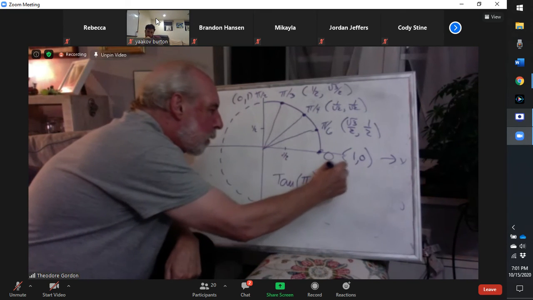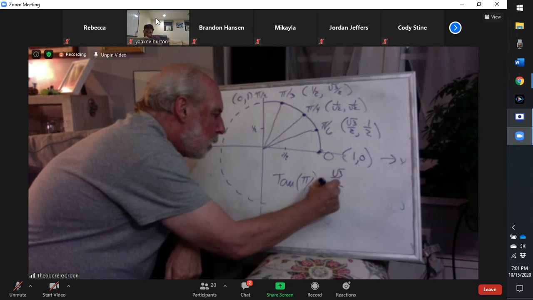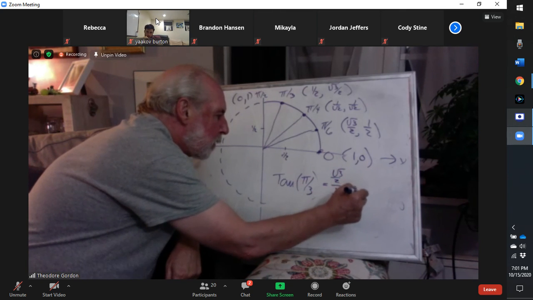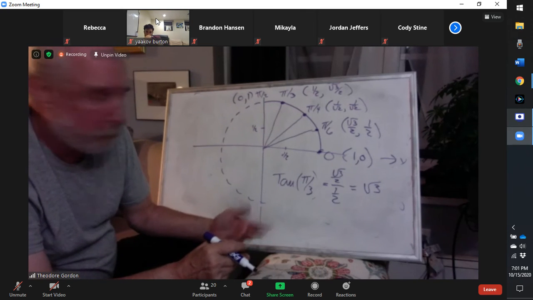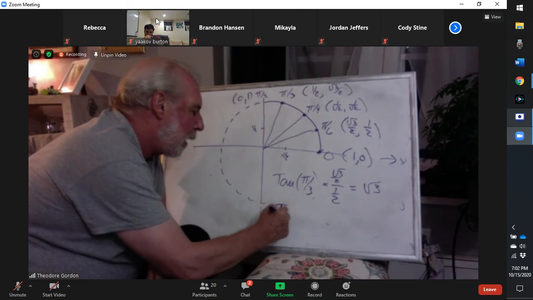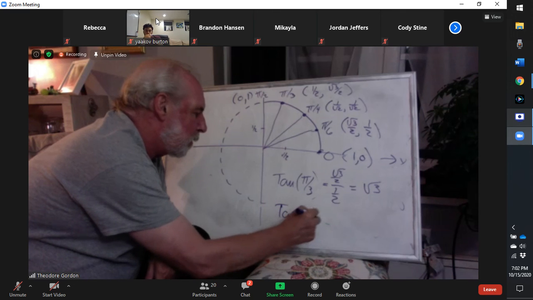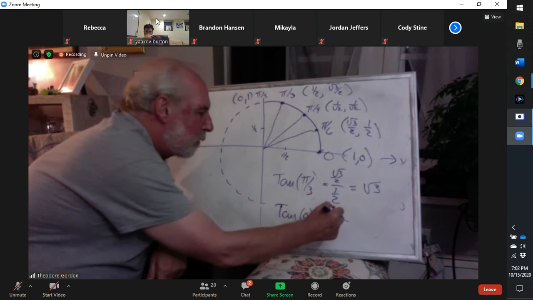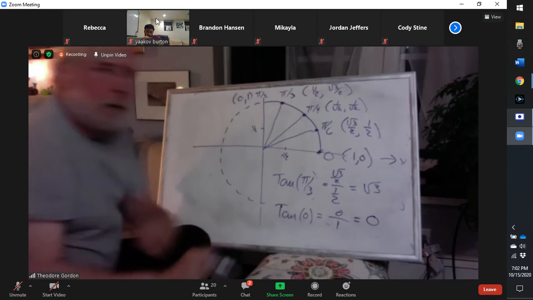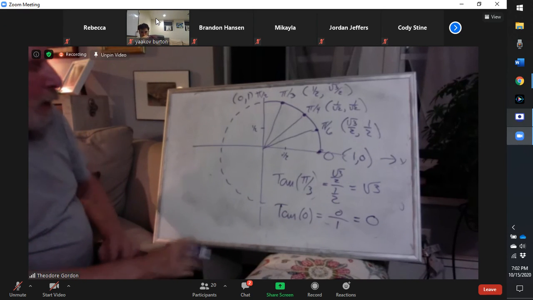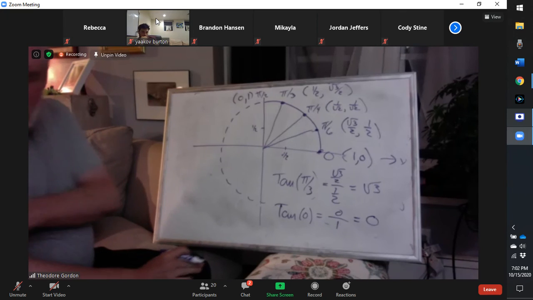So we get square root of 3 over 2 over 1/2, which is just square root of 3 because the 2's cancel out. We also had, at the other end, the tangent of 0. Well, the tangent of 0 is 0 over 1, which is just 0. So those are the values for that last problem.